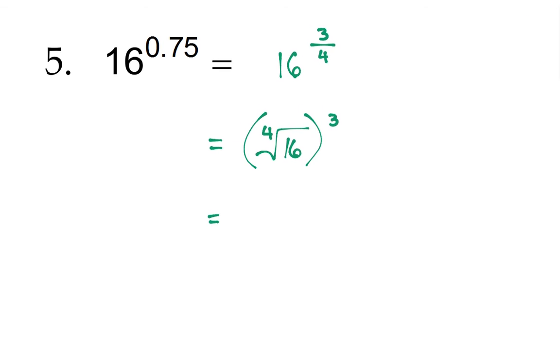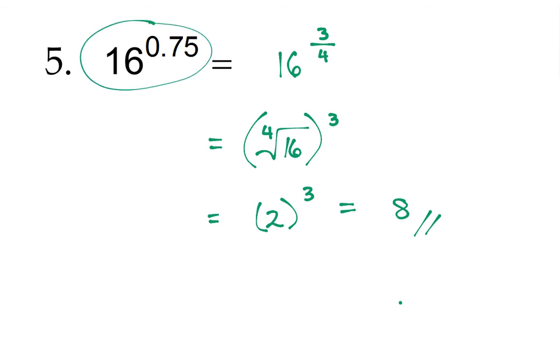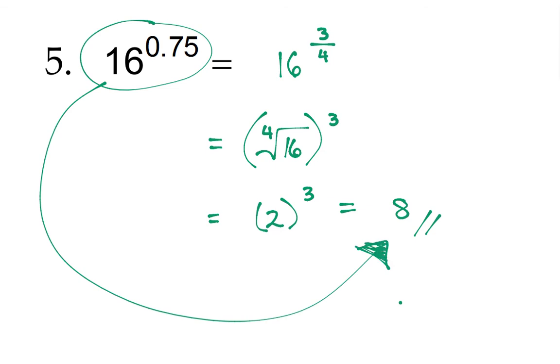I'm going to take the radical first. The 4th root of 16 is 2, because 2 times 2 times 2 times 2 is 16. I still have to cube this. I get 8. So again, some of you are probably like, well, Mr. Linerber, I could just put that in my calculator and it'll tell me it's 8 right away. But if you want to be able to do this properly, then you've got to show your work.